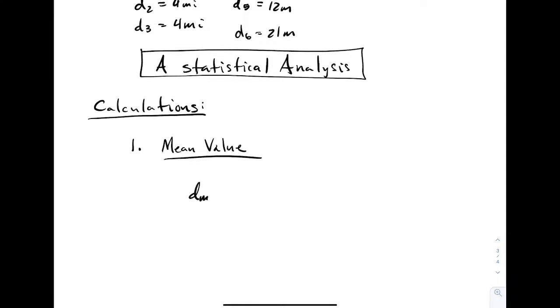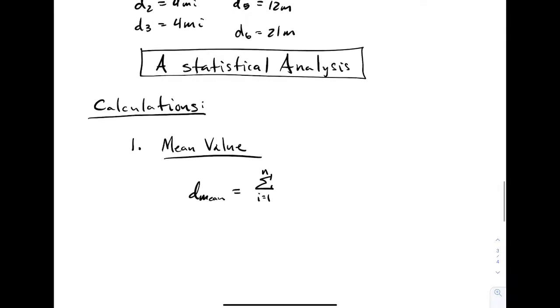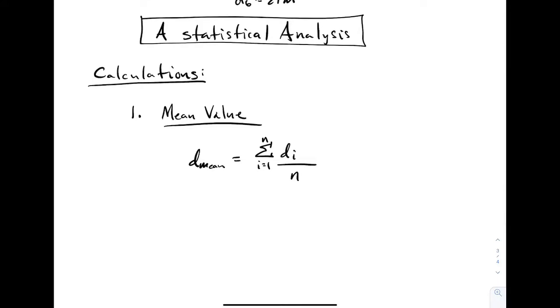So d mean is equal to, and the general form for this equation is from i equals 1 to n, the sum. That's a Greek letter sigma, but it stands for sum of all the distances divided by the number of distances that we have. So that's the general form. We always start with the general form, just like our problems.